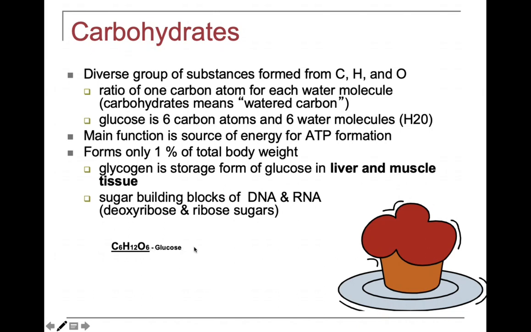Its main function is as a source of energy for ATP. It forms about 1% of the total body weight. And although glucose is very important, we will find out that too much of something or too little of something is very bad for us. So if we have too much glucose in the body, then our body can store that.